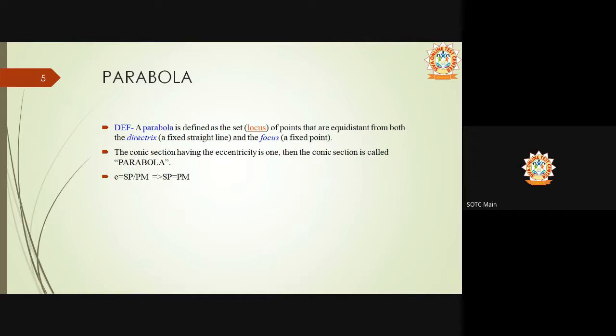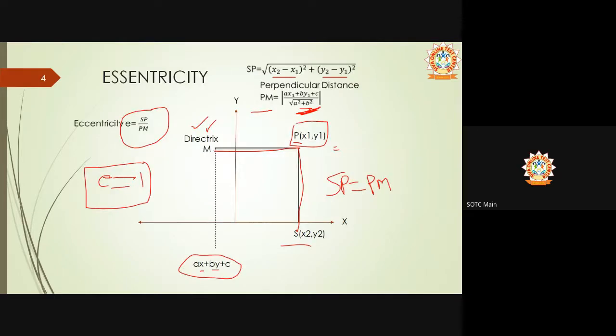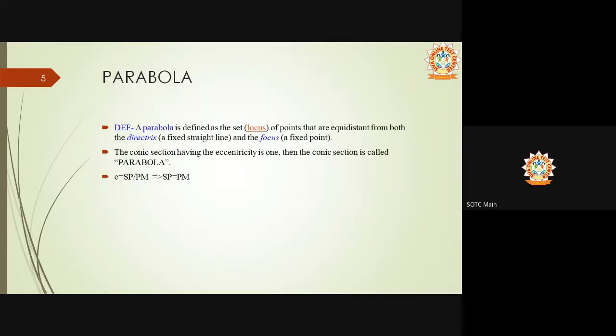The group of these points together is called a parabola. Let us suppose you have 4 quadrants. Here you have an S fixed point and a directrix M, right? Now I am considering some point P1.